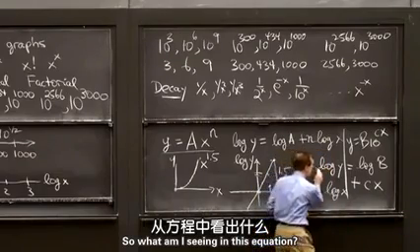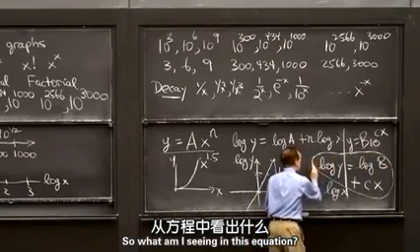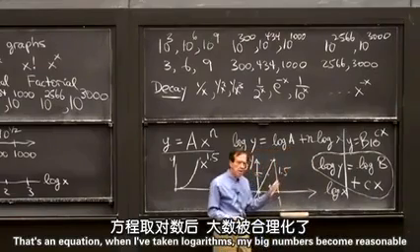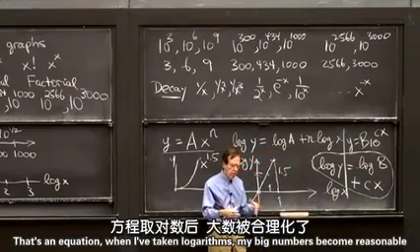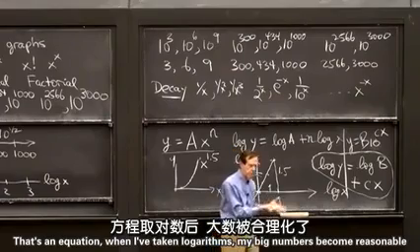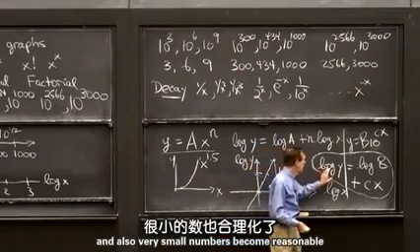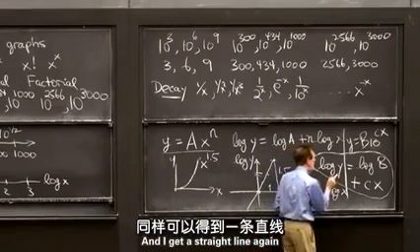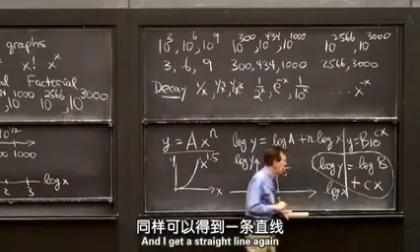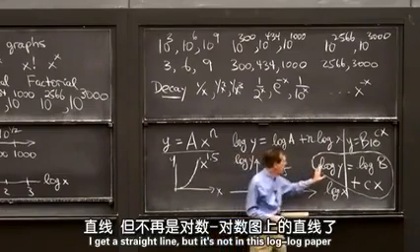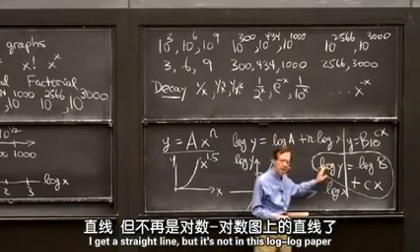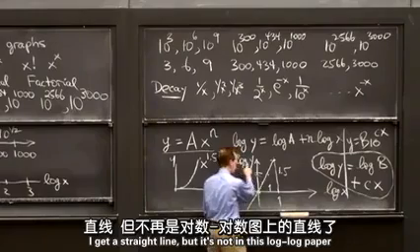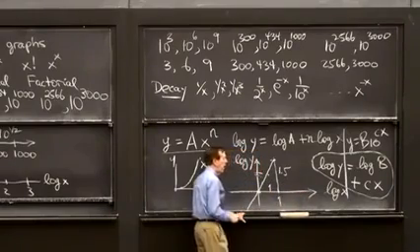So what am I seeing in this equation? When I've taken logarithms, my big numbers become reasonable, and also very small numbers become reasonable, and I get a straight line again. But it's not on this log paper.